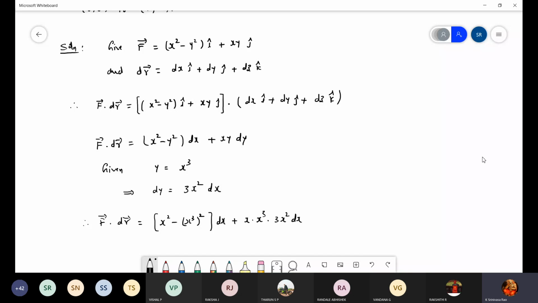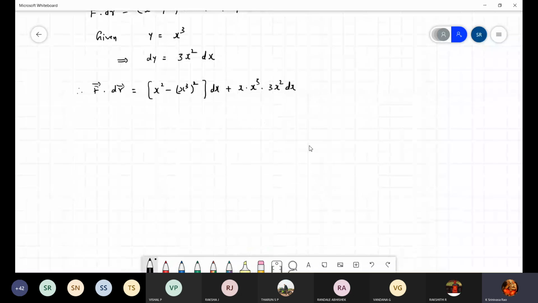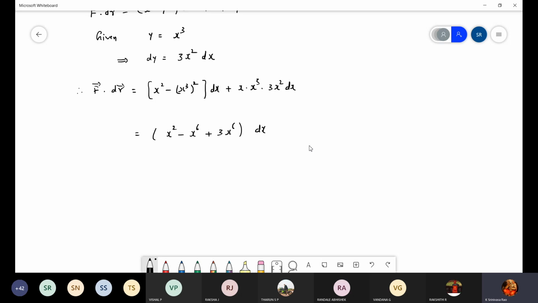Okay, dx is in both the terms, so you can take it outside as common, so that becomes x square minus x cube whole square, means x power 6, plus 3 times x into x cube into x square, is x power 6, dx.